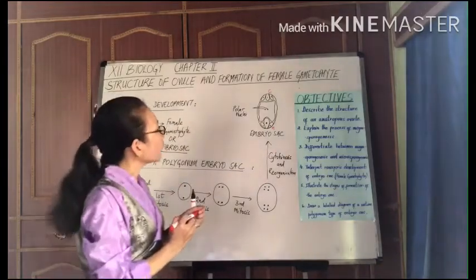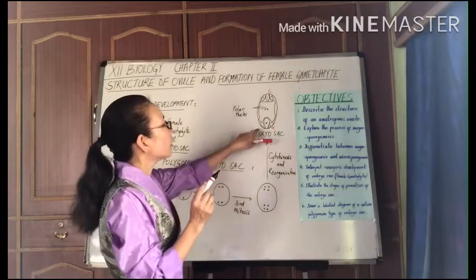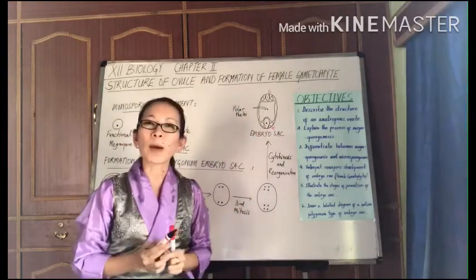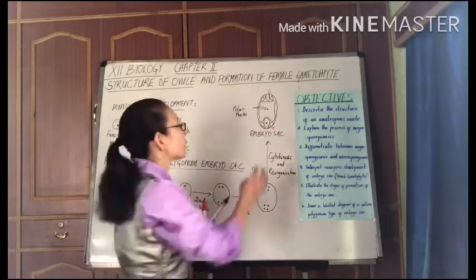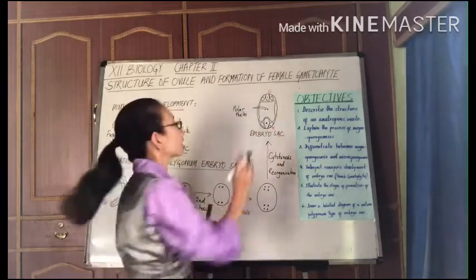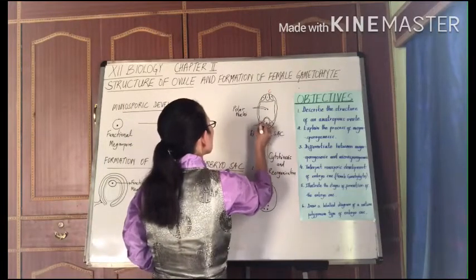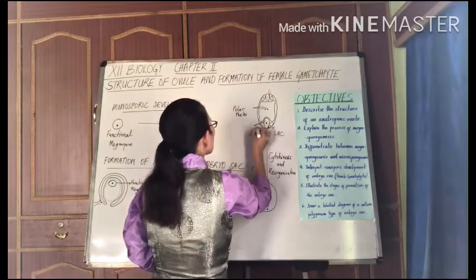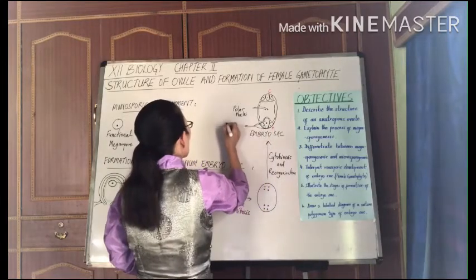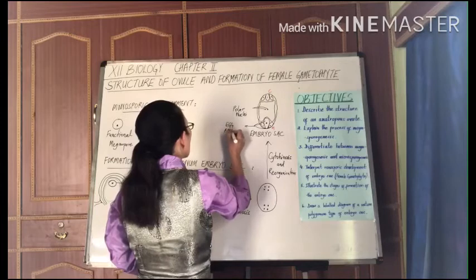So what has happened is 3 of the cells are arranged at the micropylar end. And these 3 cells are collectively known as the egg apparatus. So we have 3 cells here, and these 3 cells are collectively referred to as the egg apparatus.